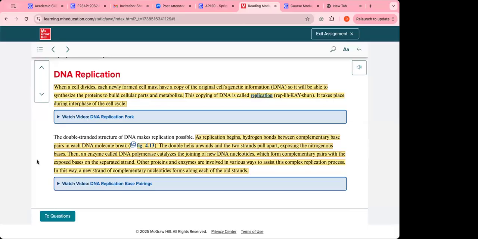Does it say anything else? Okay, so does it say anything else on this page?